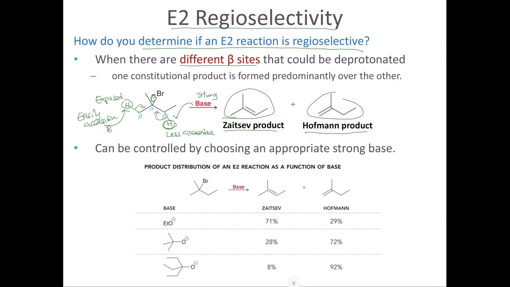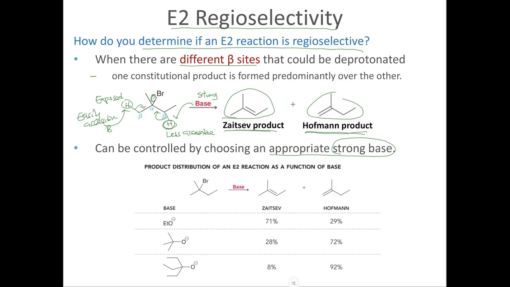Okay, so we can actually choose an appropriate strong base so that we can determine which product is going to be favored, whether we're going to favor a Zaitsev product or the Hofmann product.